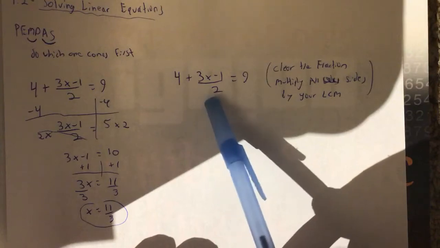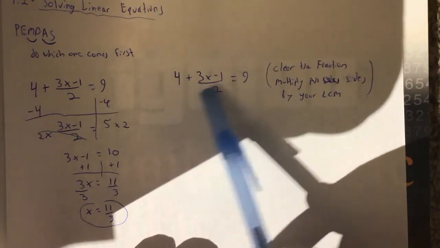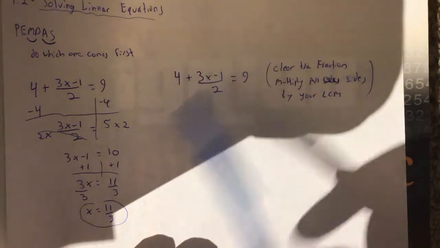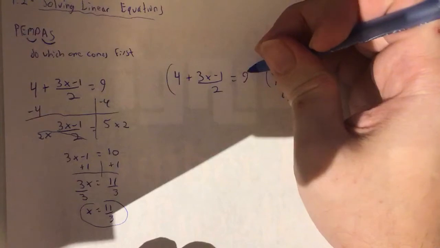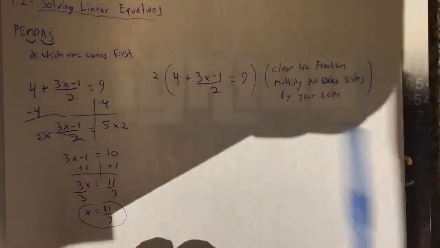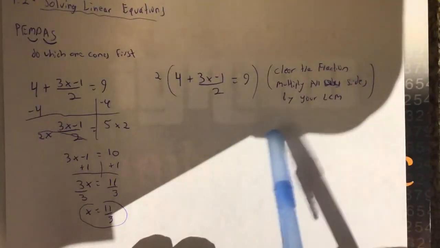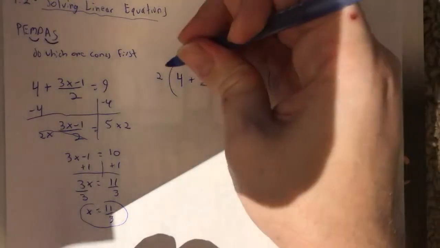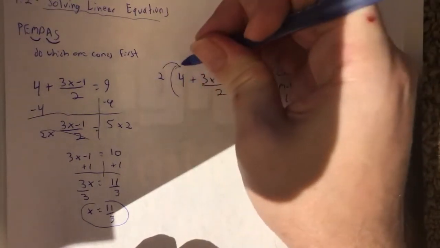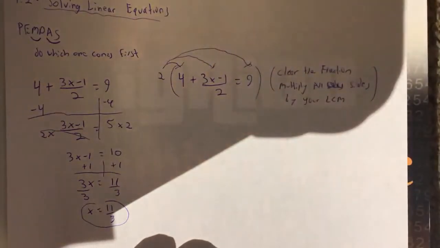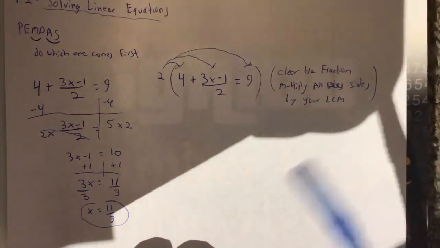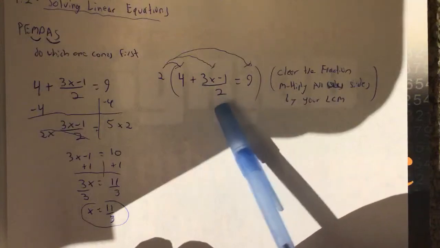Since it's only a 2 in the fraction, I'm going to clear it by 2. And you'll see one where there's more than one number later on in the fraction. So in this case, I'm going to multiply everything by 2. All sides by 2. When I multiply by 2, I'm just going to distribute the 2 to each piece in the equation.